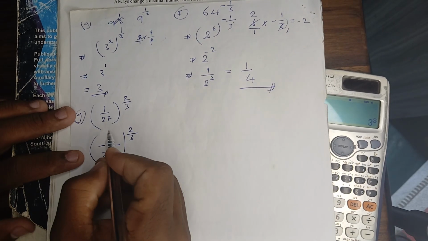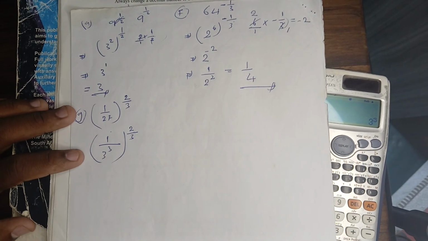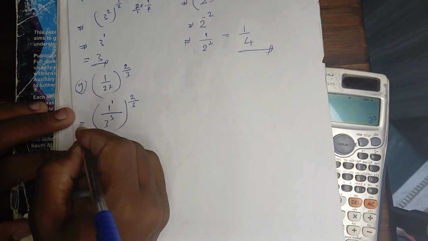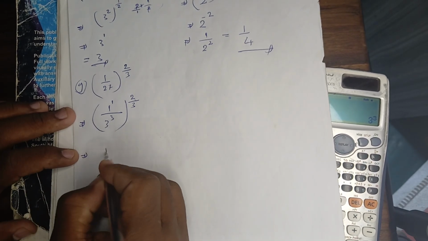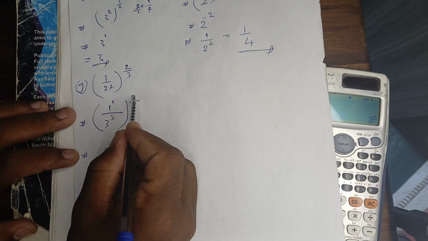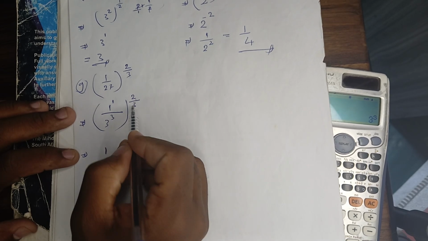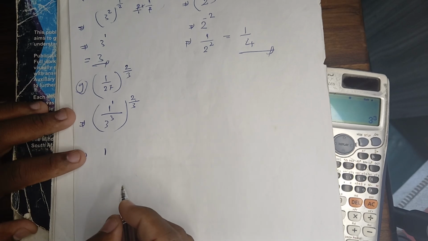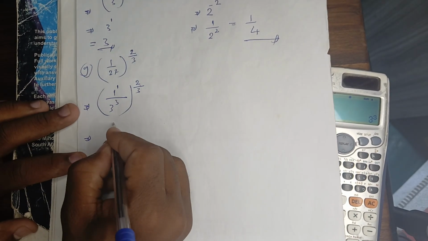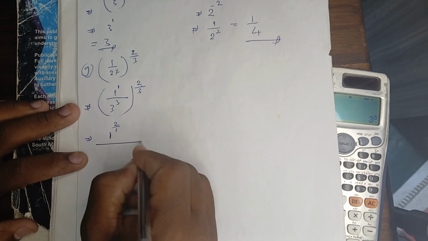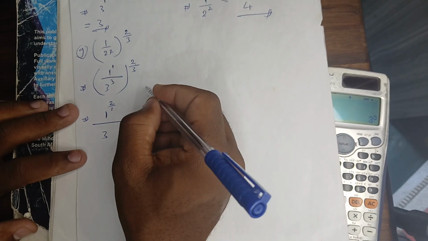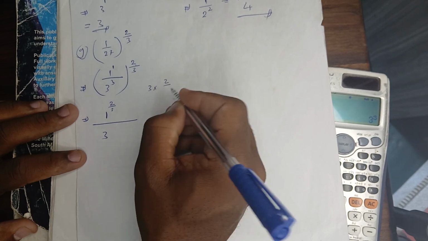Remember, this exponent is multiplying this whole thing, right? Remember, there's an invisible 1 there, so I'm going to take this one, then 1 times this is going to be 2 over 3, all over 3 as my base, and 3 times this, it's going to be 3 times 2 over 3.